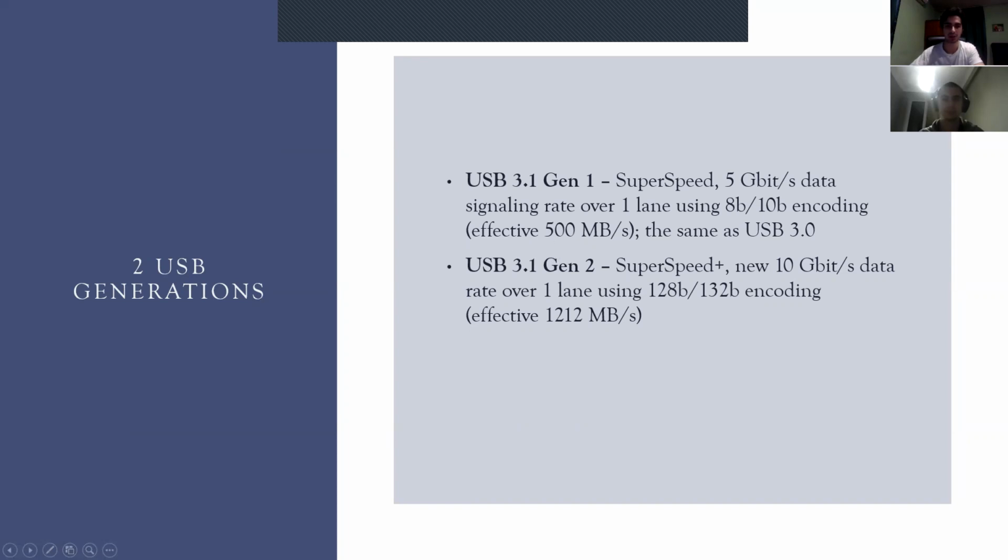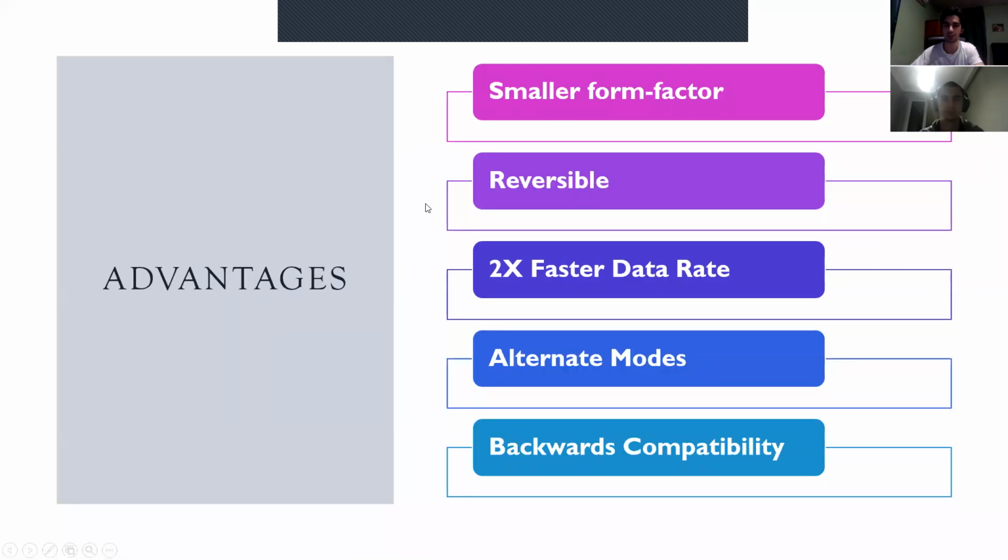So we can see that the Gen 2 version is almost twice as fast as the Gen 1 version. As with USB 3.0, there are some advantages which come with 3.1. For example, one is smaller form factor. USB 3.1 is slim, 2.6 millimeters in height. Also, it's reversible, so you can plug USB 3.1 in with both sides.